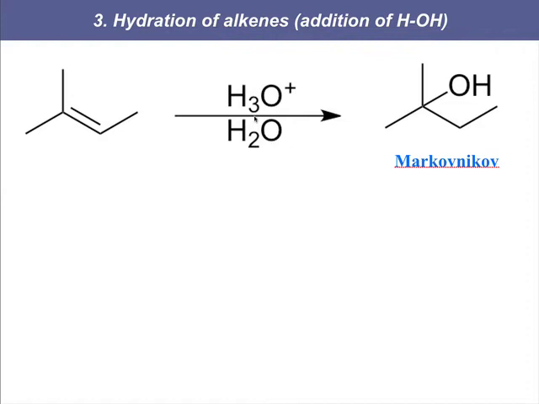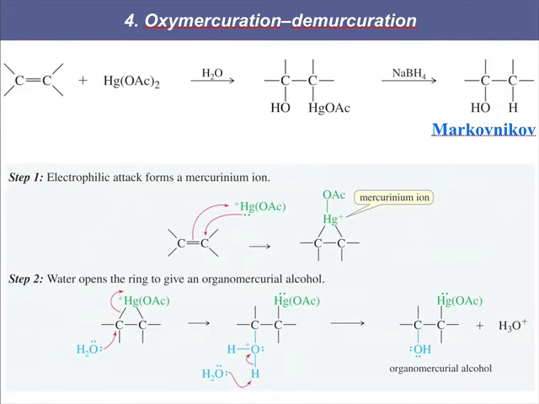That means that if you've got a molecule with more than one functional group on it, and you react that molecule with H3O plus and water, it will add to both functional groups. You can't control it. However, the oxymercuration demercuration reaction is specific to alkenes.